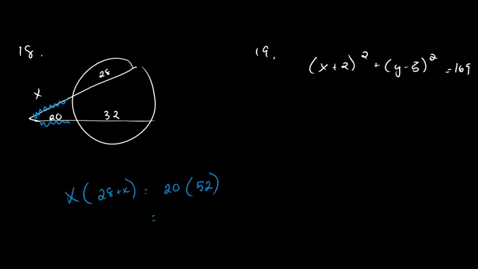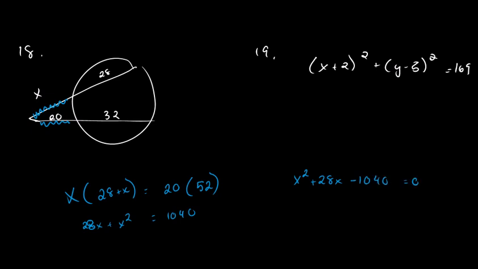Alright, so 20 times 52 is 1040, so I get 28x plus x squared. And I'm going to go ahead and put everything on one side nice and neatly. So x squared plus 28x minus 1040 equals 0.